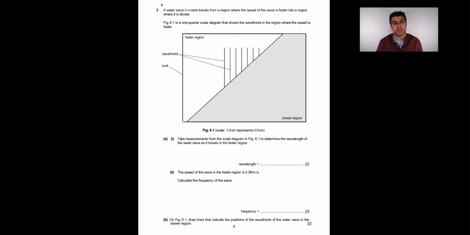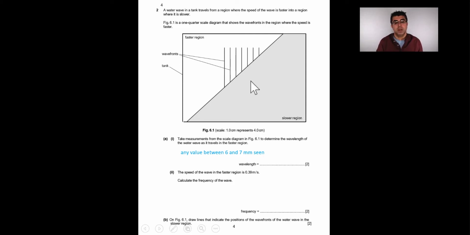Now, I did shrink your exam paper for you, but if it was the full length exam paper, what you should have got is any value around about 67 millimeters between these 2 regions here.